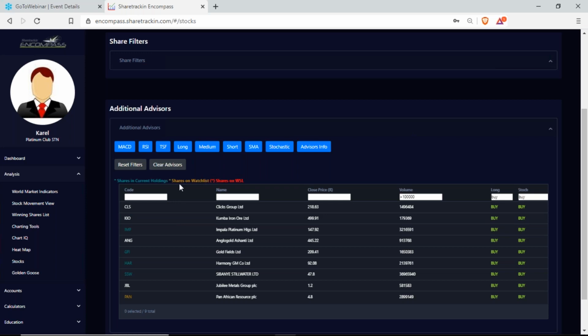Shares on watch list is that orange color, meaning I have PAN on my watch list. Shares on WSL, let's say for example, Anglo Gold Ashanti is on the Guru's winning shares list. Then it would display a little red asterisk behind the code, around about there.